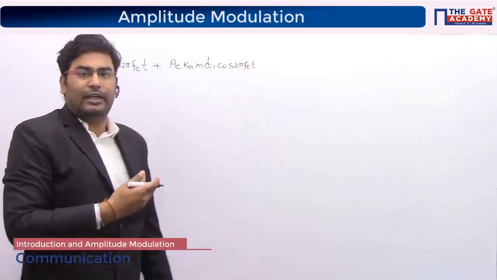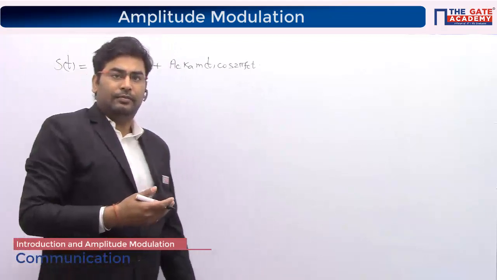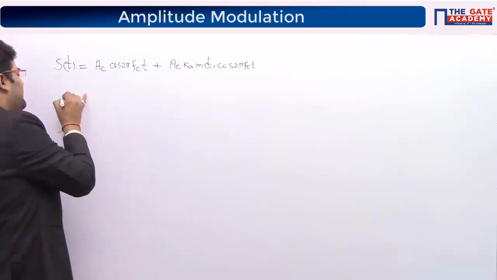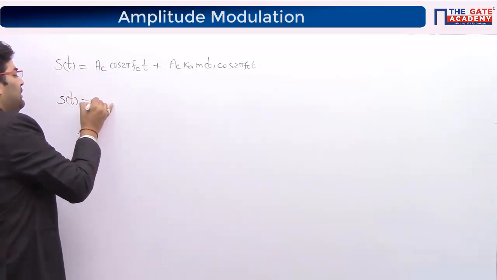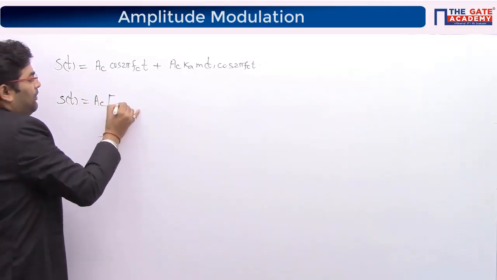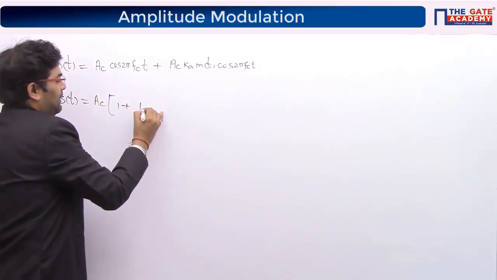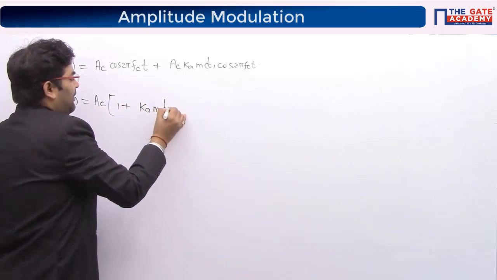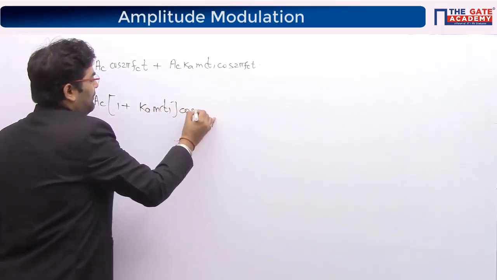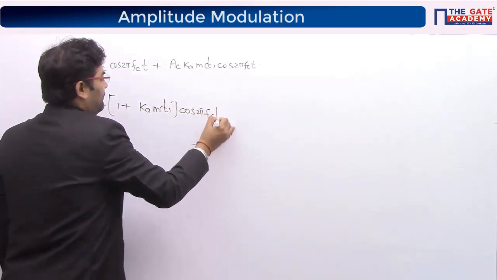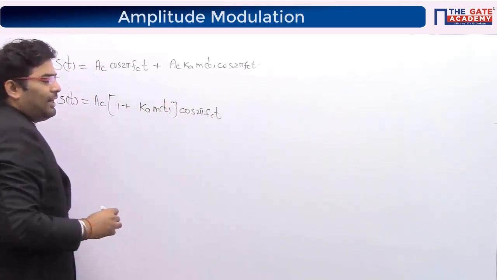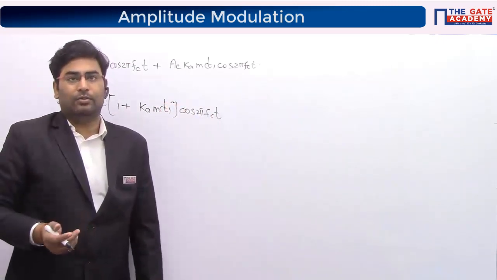So the whole thing started from here only, okay? And if I take Ac common, it will become Ac [1 plus ka m(t)] cos 2 pi fc t. Yes or no?